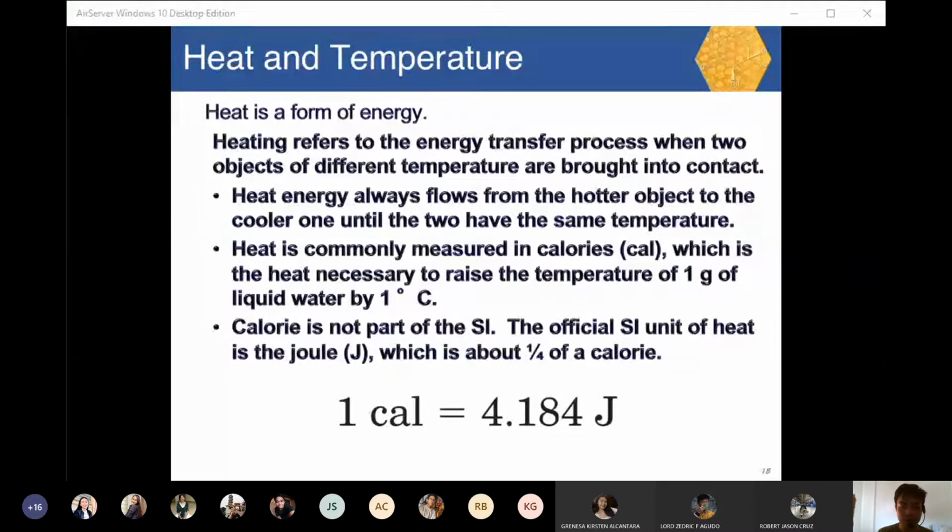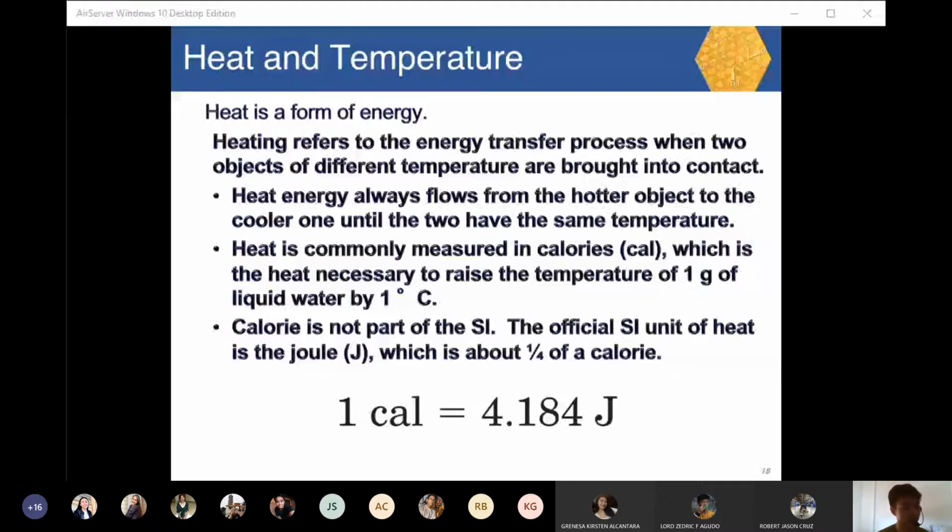The energy of the sun is being transferred to me via radiation. So, that process of transferring the thermal energy of the sun is heat. We can measure heat, sabi ko nga kanina, using temperature readings.